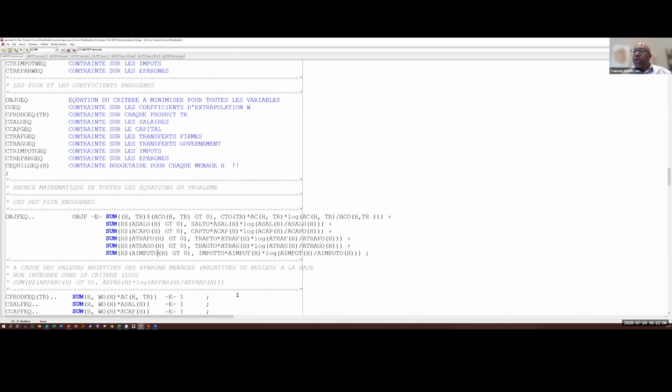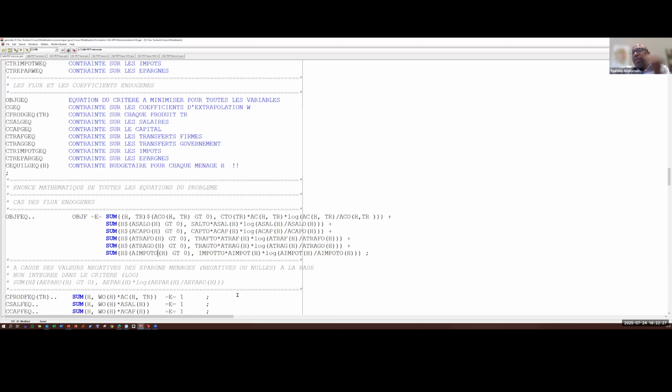It must be 0. If it's 0, it is like you have a household, there is no government transfer because it's a rich household. What I have to do in my simulation, I don't want that this household earn from a transfer from the government.